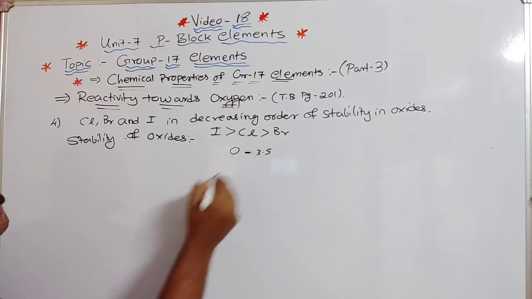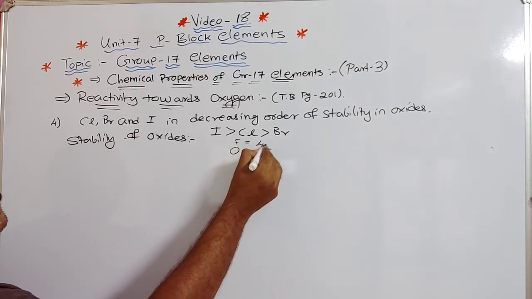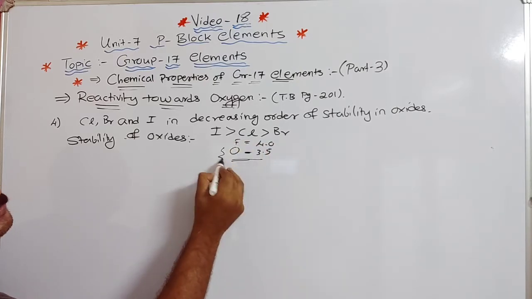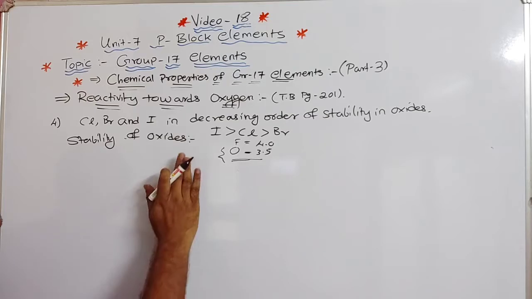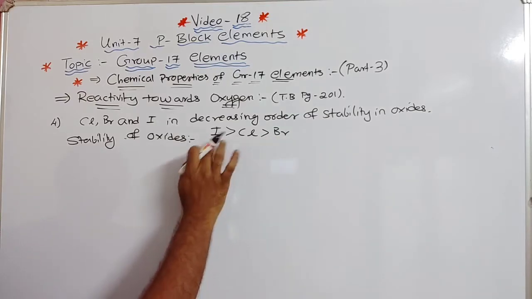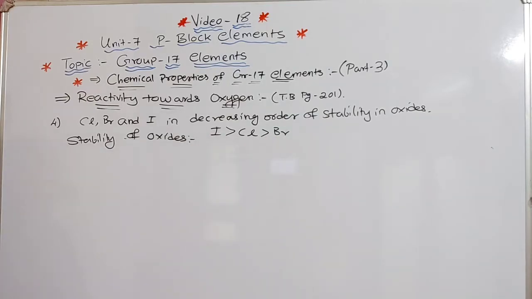Oxygen electronegativity is 3.5, fluorine electronegativity is 4.0, so oxygen comes second. So for oxides, you have to remember iodine first, then chlorine, and then bromine.